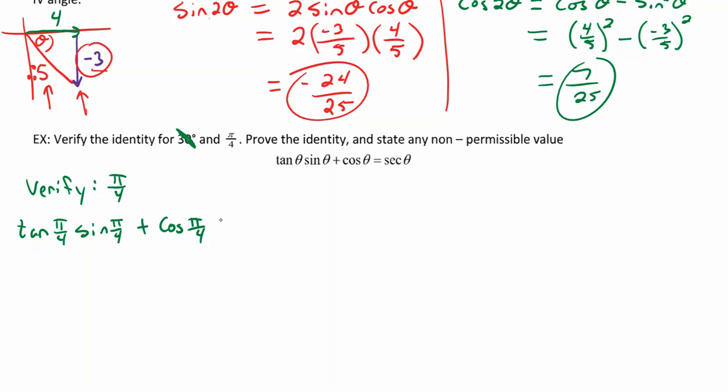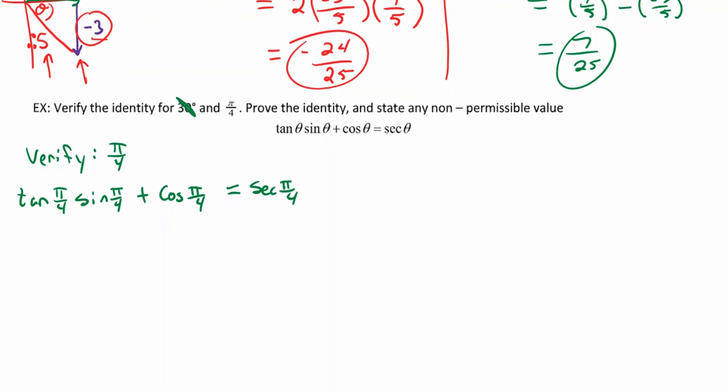And that's supposed to be equal to secant pi over 4. Tan of pi over 4, we know that one. That's like 45 degrees, so that's 1. Sine pi over 4 is root 2 over 2, plus cos pi over 4, which is also root 2 over 2.